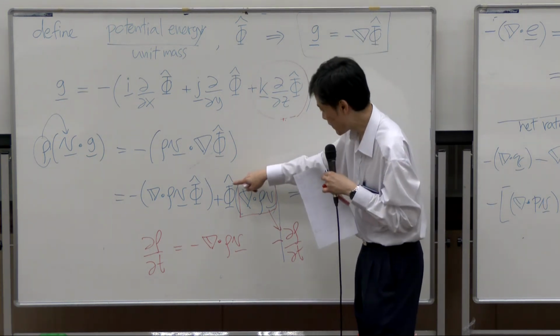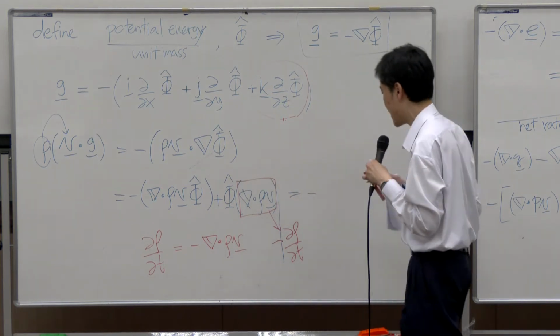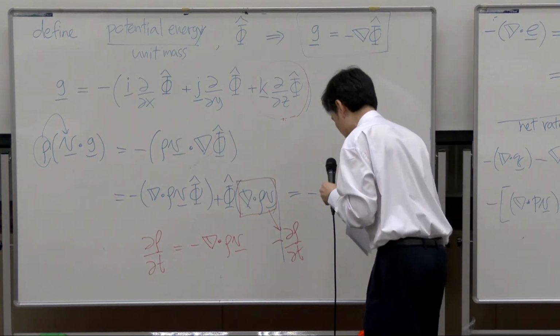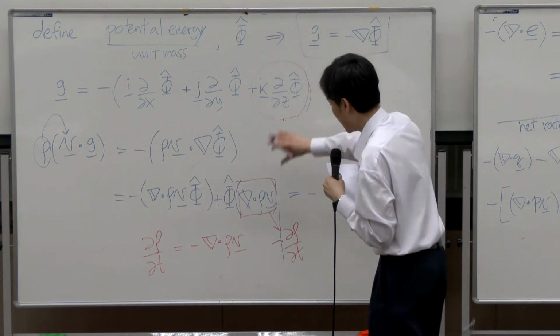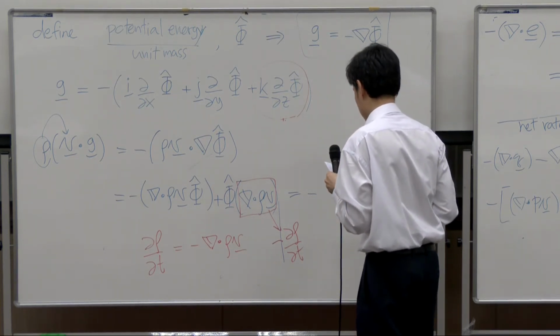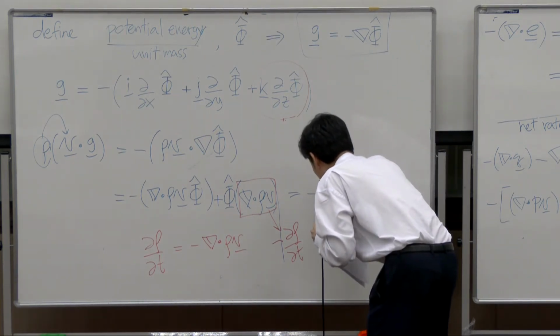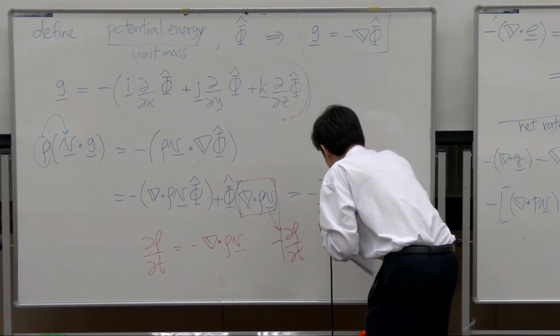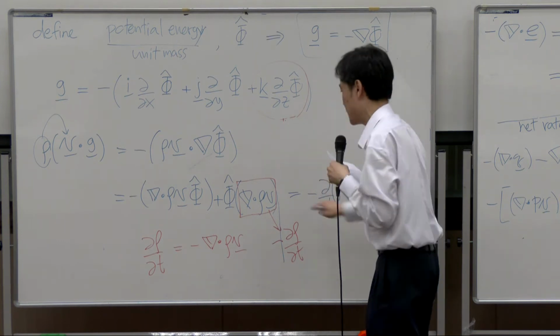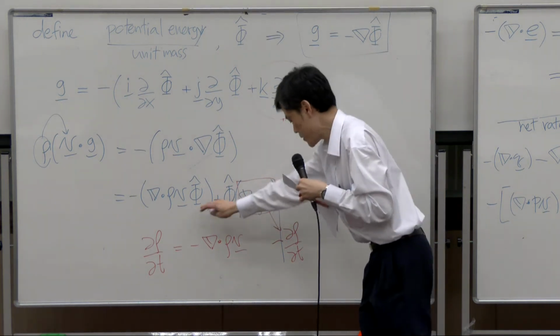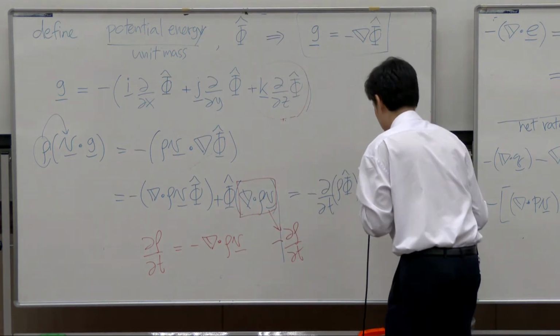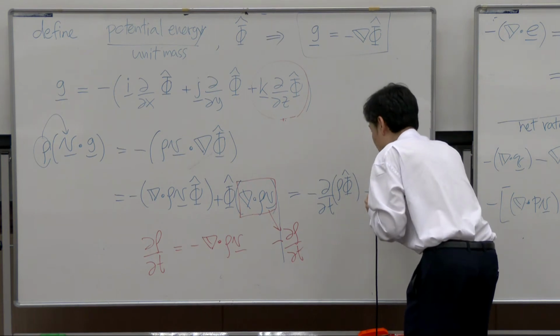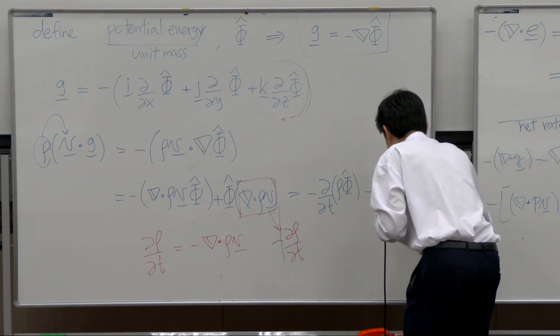If it is not a function of time, I can move it inside the differentiation with respect to time, or you can move it out, doesn't matter. If I move it in, I get rho phi for this term, and that term, I repeat it, del dot rho v phi.